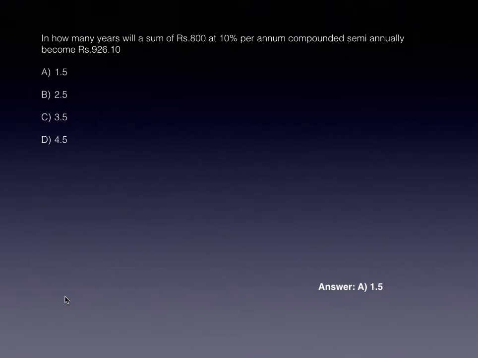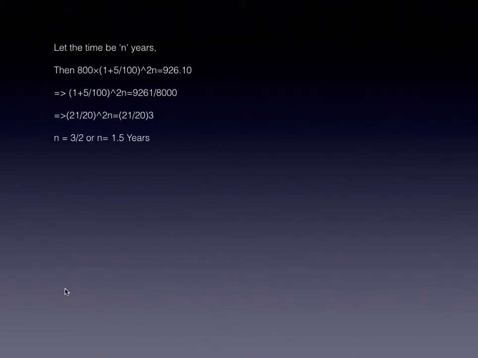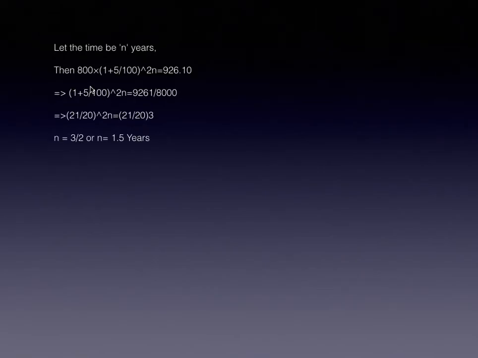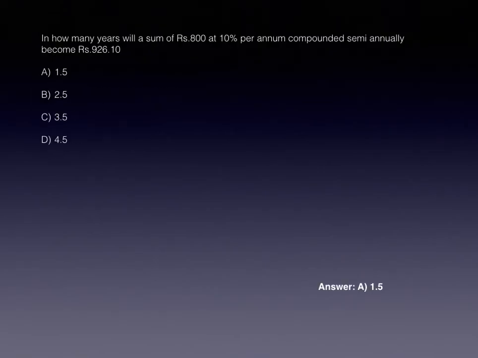Actually, this is a compound interest question, but let's see how to solve it. Let the time be n years. We need to calculate in how many years this amount will become 926.10 at 10% per annum, and it is compounded semi-annually.